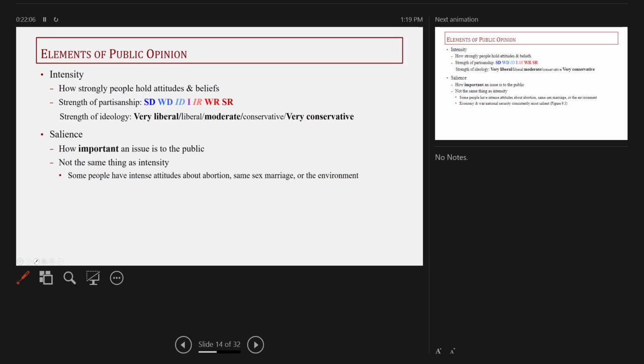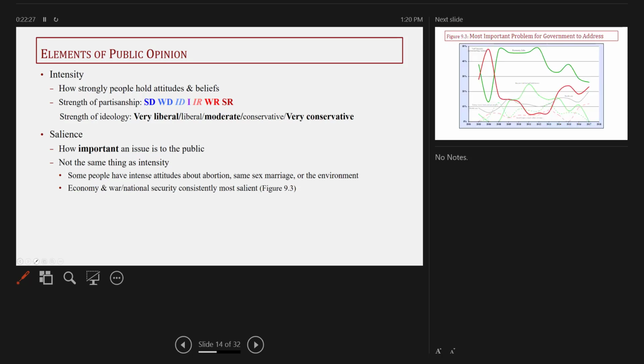And we also know that some people, maybe many people, have very intense attitudes about abortion or same-sex marriage or the environment, but none of those issues, well, with the exception of the environment maybe, rarely, if ever, end up as among the most important problems.